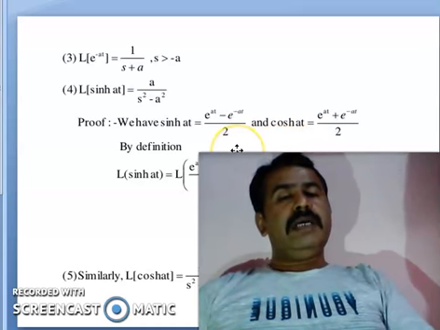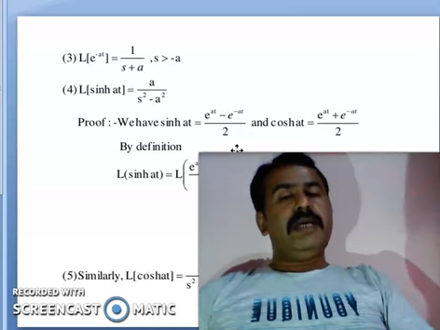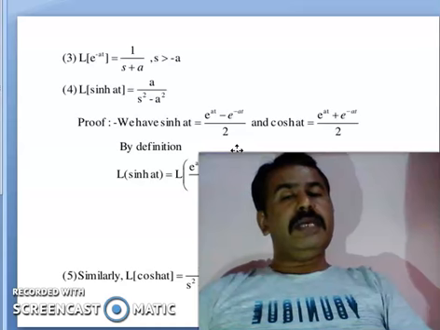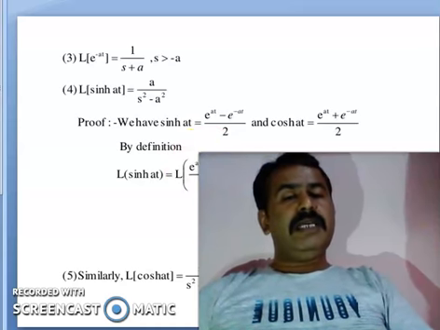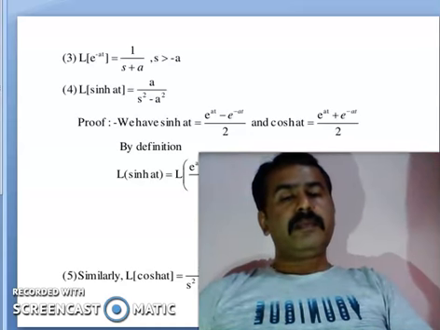As we know, L of e to the power at is 1 by s minus a, and L of e to the power minus at is 1 by s plus a. So after some simplification, we will get a divided by s square minus a square.